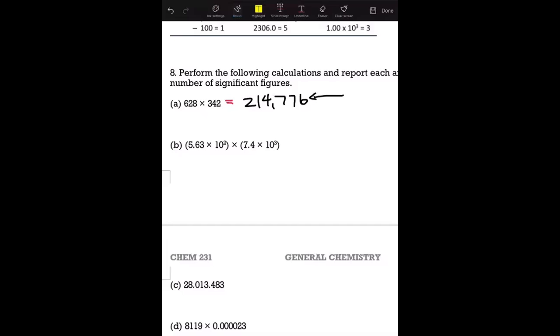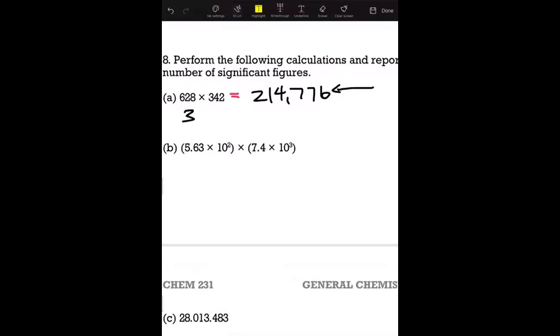So that's 6 sig figs, but that's not the right number, because both of the numbers I'm multiplying have how many? 3 sig figs. So my answer needs to be in how many sig figs? 3. Good.